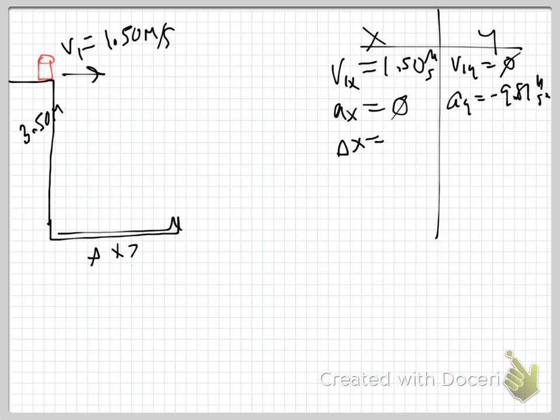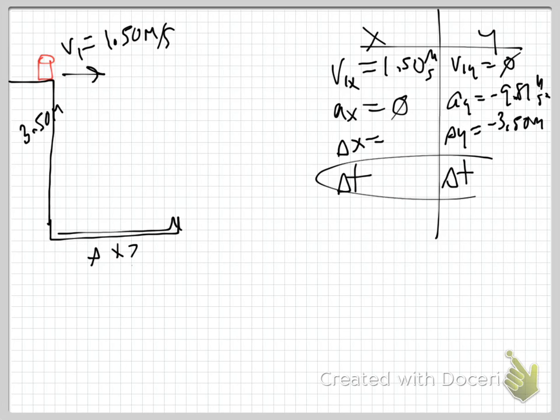That's the one I'm most likely to drop as I go faster, the a sub y, because we know there's no acceleration on the x in these. Delta y is negative 3.50 meters, and delta t is going to be our bridge, because for every point on the x-axis and y-axis, there is a time at each of those moments.